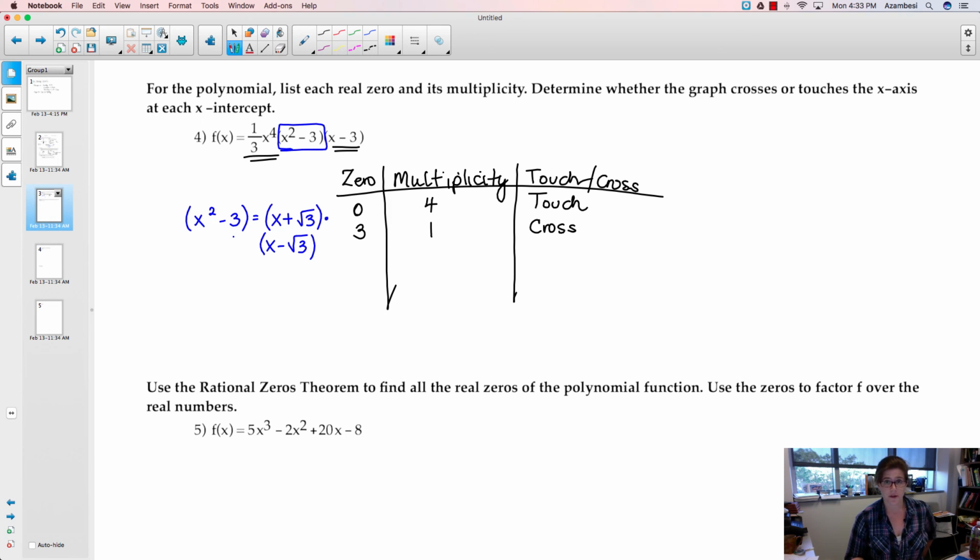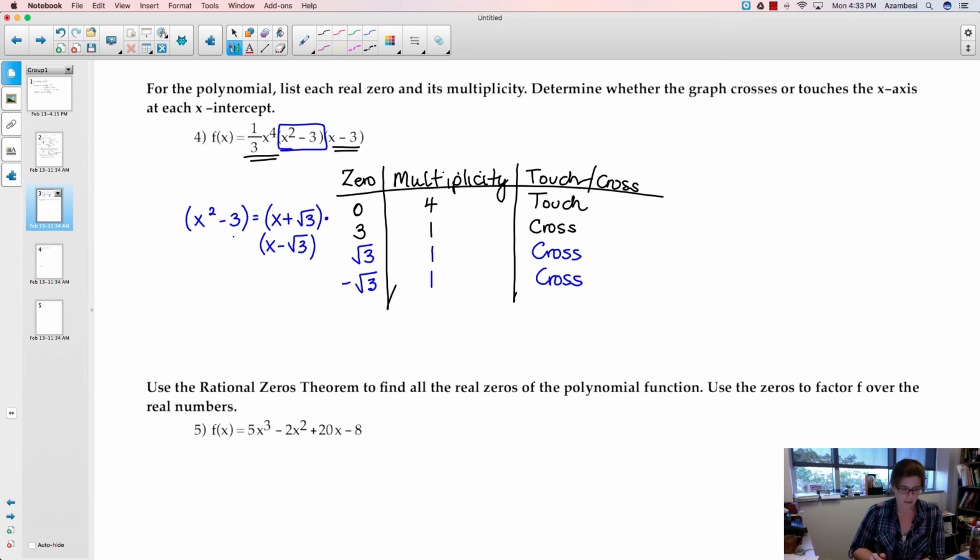So I've got two zeros from that. One is the square root of 3. It's got a multiplicity of 1 and it crosses. The other one is negative square root of 3. Again, multiplicity of 1 and it crosses.